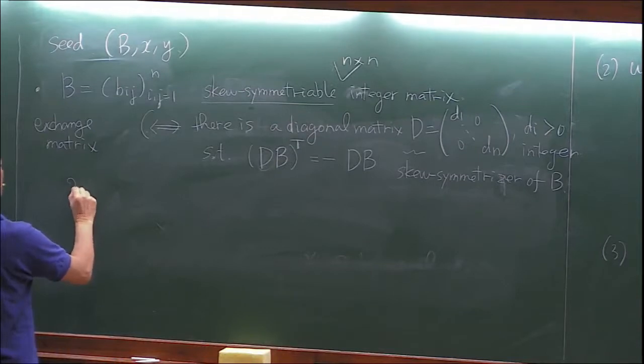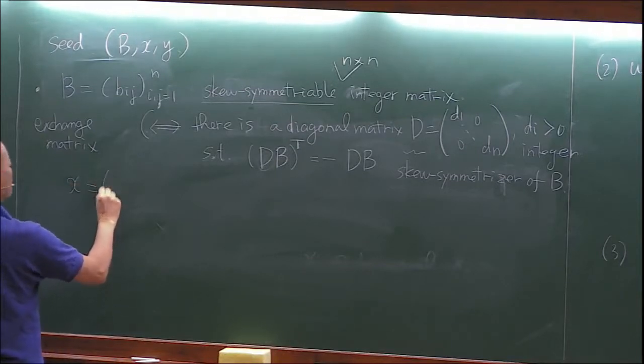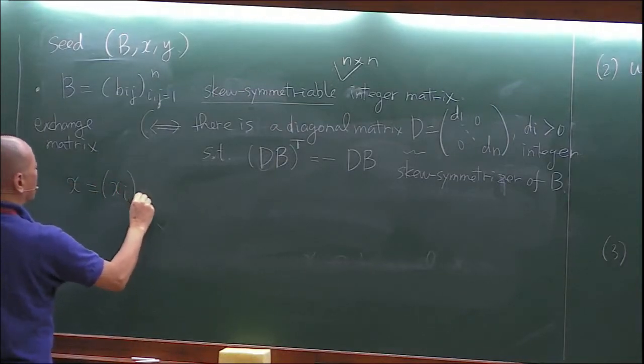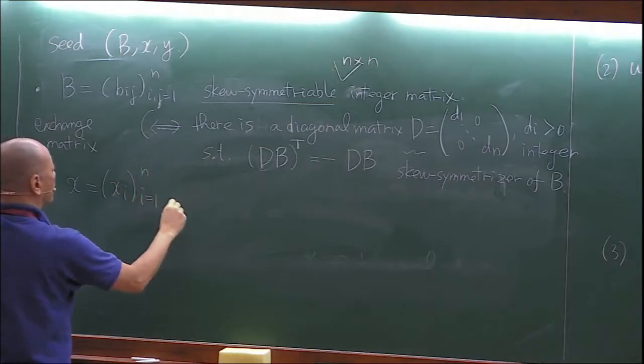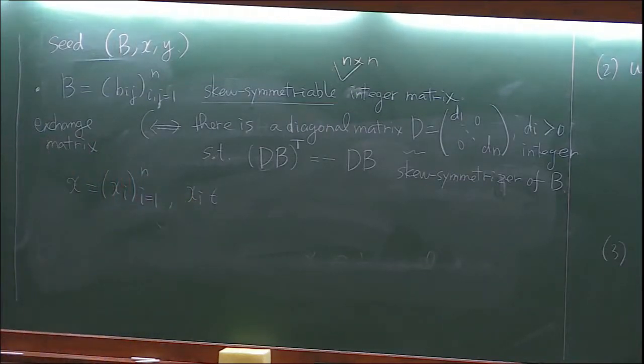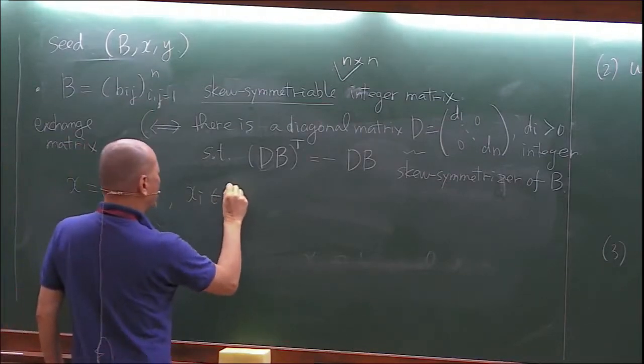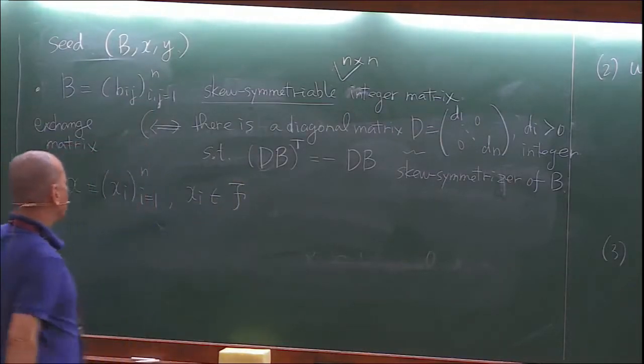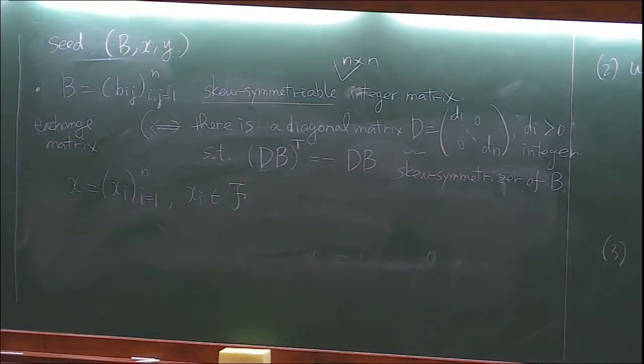Next, we introduce x, which is an n-tuple of elements in our ambient field. I forgot to introduce the notation F for this ambient field. So it is a field of rational functions in some formal variables with coefficients in QP, yeah?